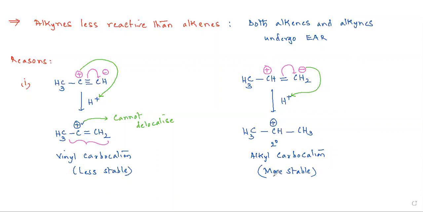So this is one of the reasons why alkynes are less reactive. You have to check what happens when something is added. If you are ending up with something more stable, then go for it. But if you are ending up with something less stable, of course, you don't afford to go for it, right? So that is the first reason.